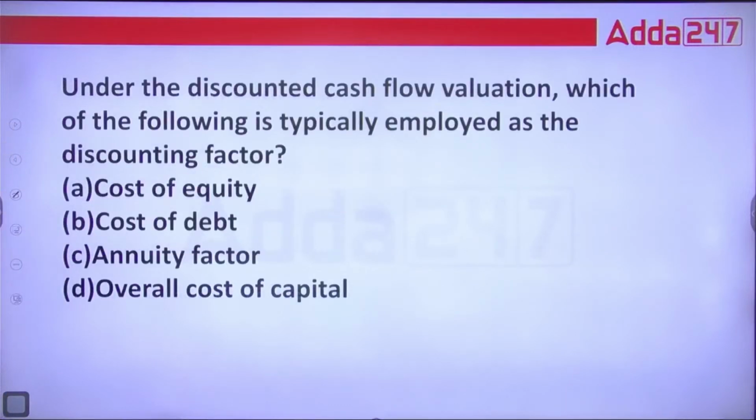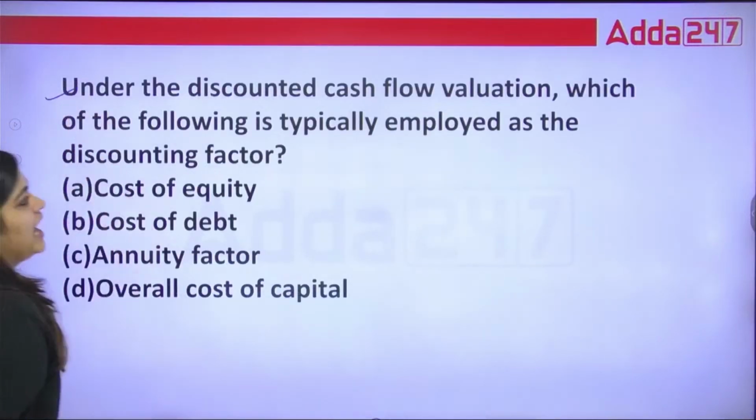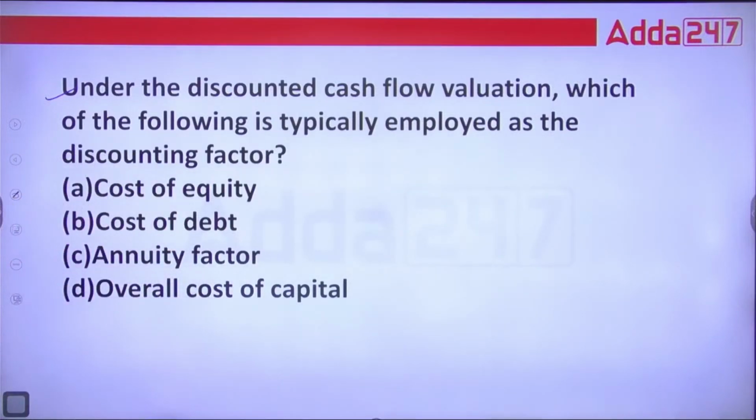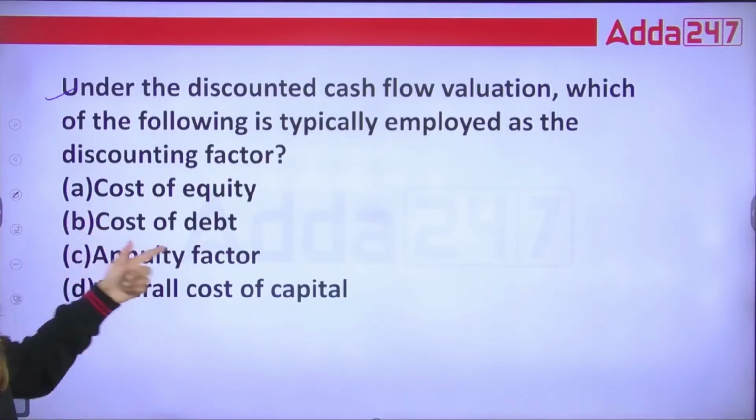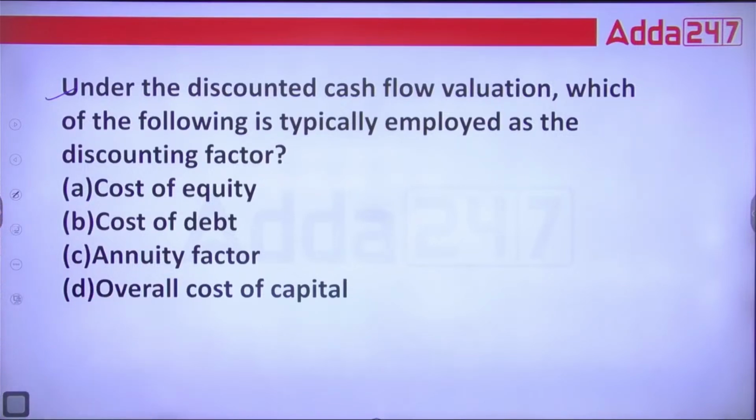Next question. Under the discounted cash flow valuations, which of the following is typically employed as the discount factor? A, cost of equity. B, cost of debt. C, annuity factor. D, overall cost of capital.